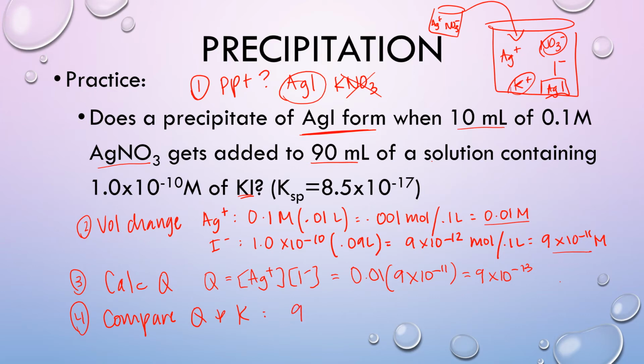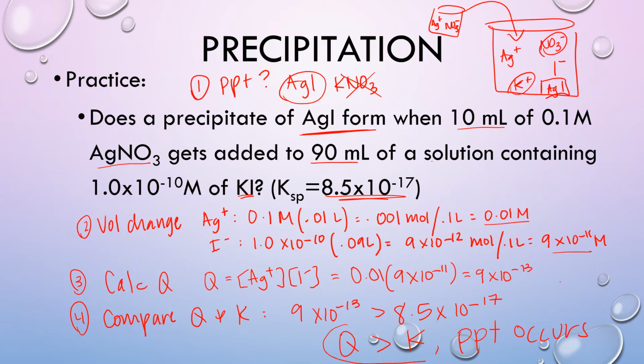Q, 9 times 10 to the negative 13, compared to K, is greater than K. When Q is greater than K, we have to precipitate. So even though this seemed like such a low concentration of iodide, because the K value is so small, and this is such an insoluble solid, even that tiny amount is going to create a precipitate.